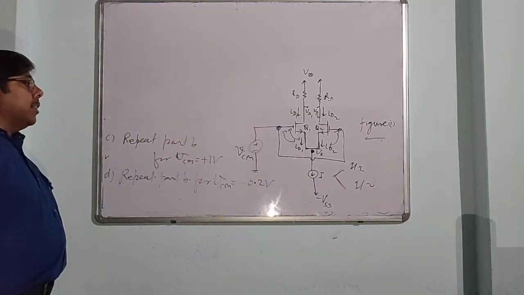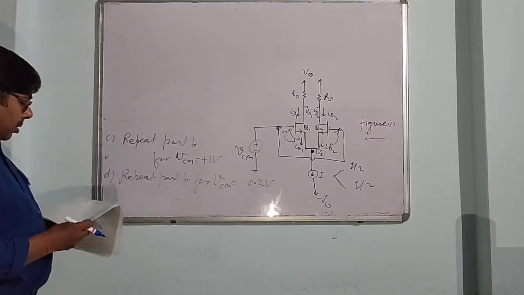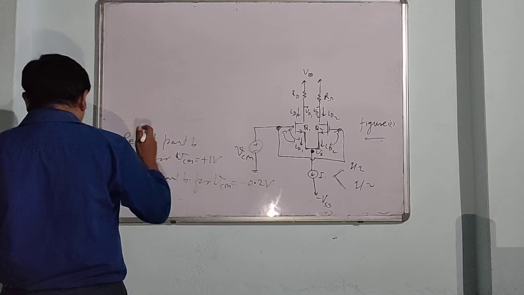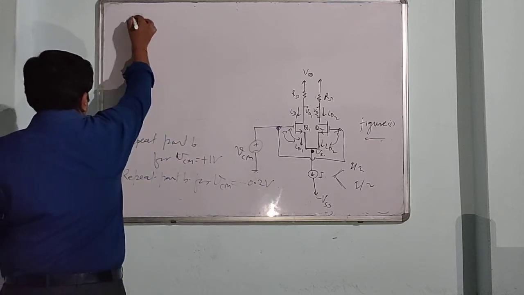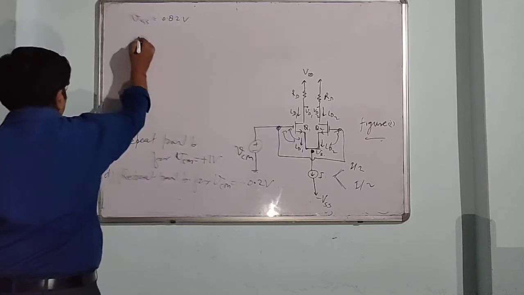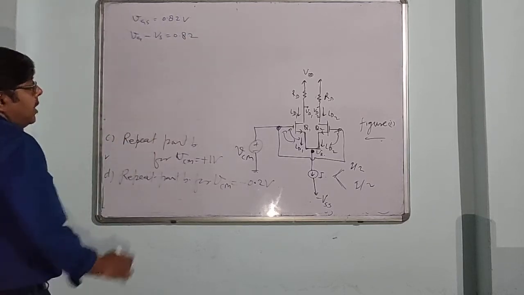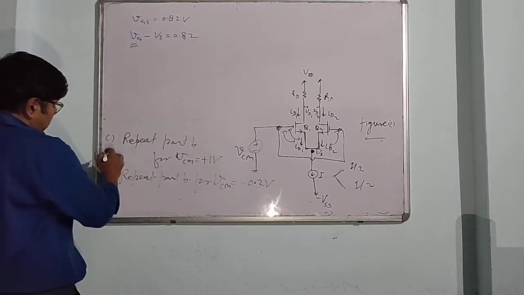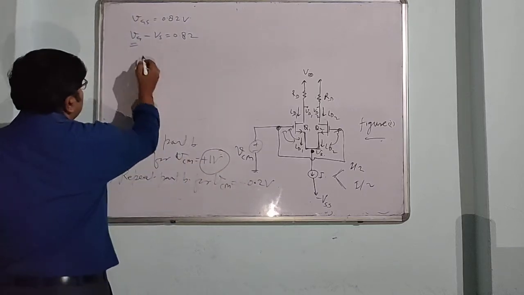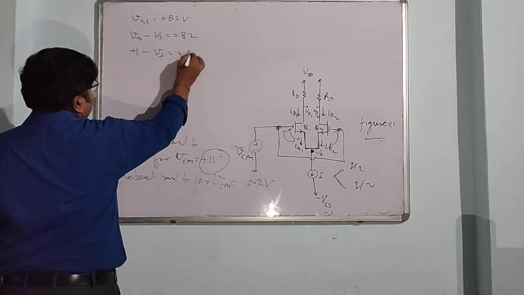But we have a different value of VS. VGS is 0.82 volts, that is VG minus VS. Now VG is different in part C, because this is plus 1 volt, so you can write plus 1 minus VS equals 0.82 volt.